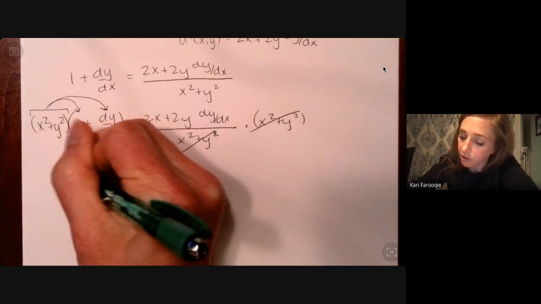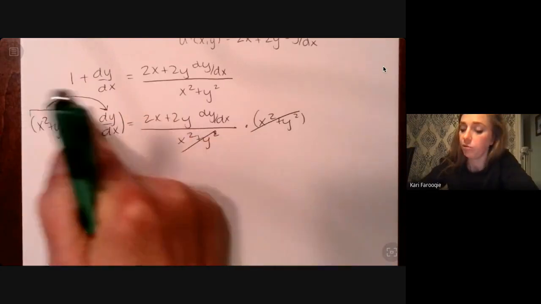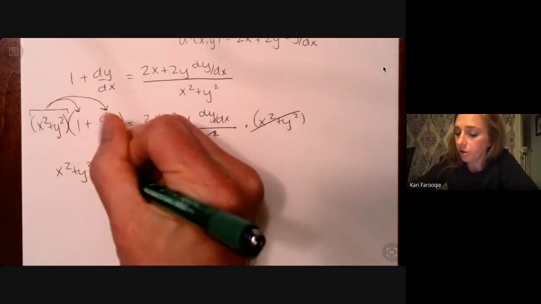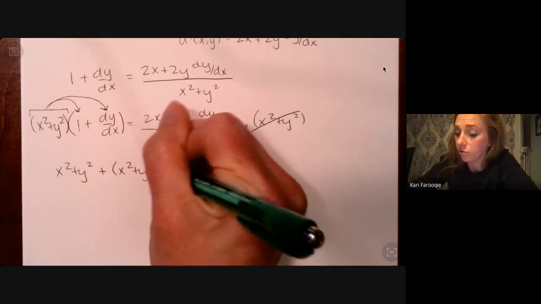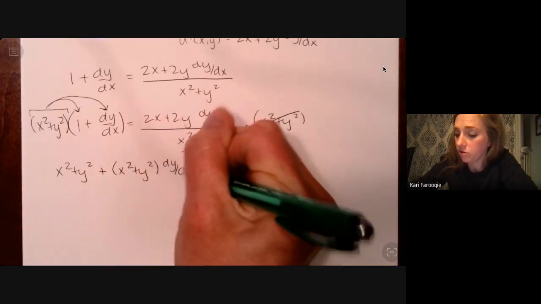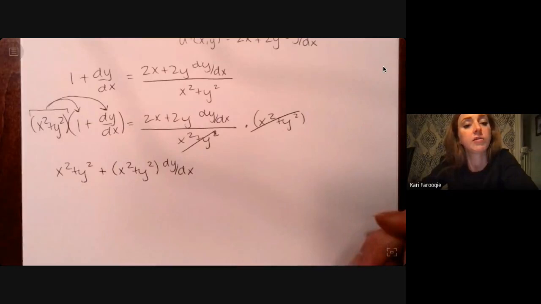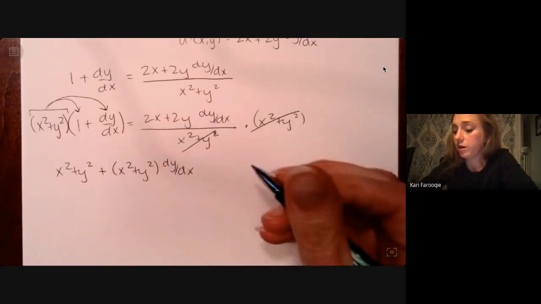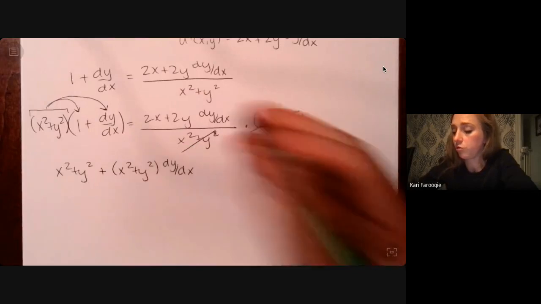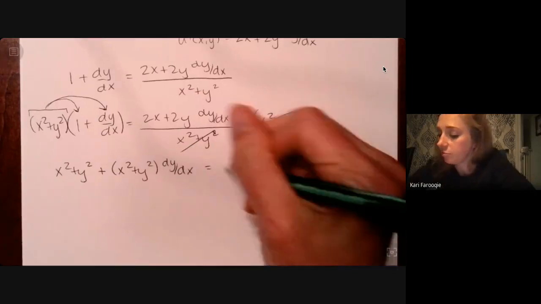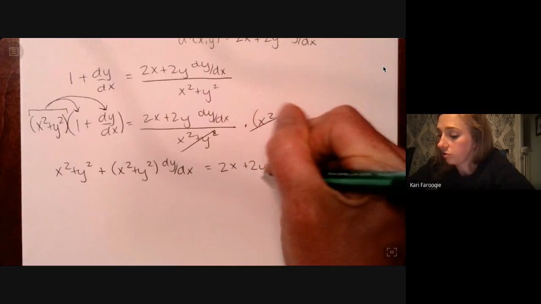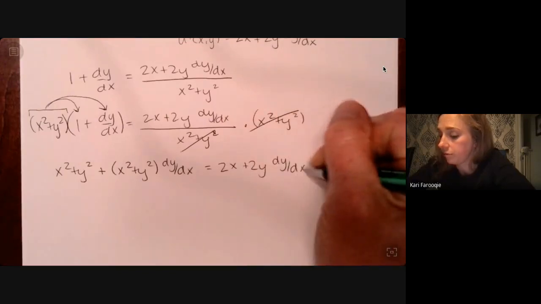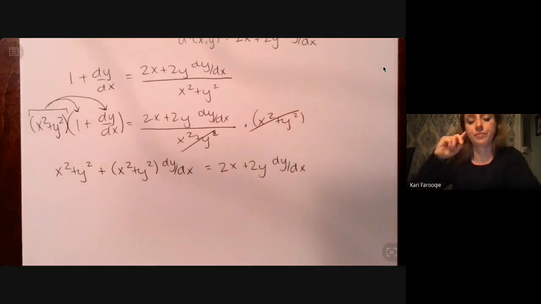So x squared plus y squared when I multiply by 1, and then plus, and now I'm going to have to use my parentheses because this quantity is getting multiplied by dy dx. I don't have to actually distribute that at this point. I can just carry the whole thing over, but it's important that we make sure our notation is correct. And there's your right-hand side.